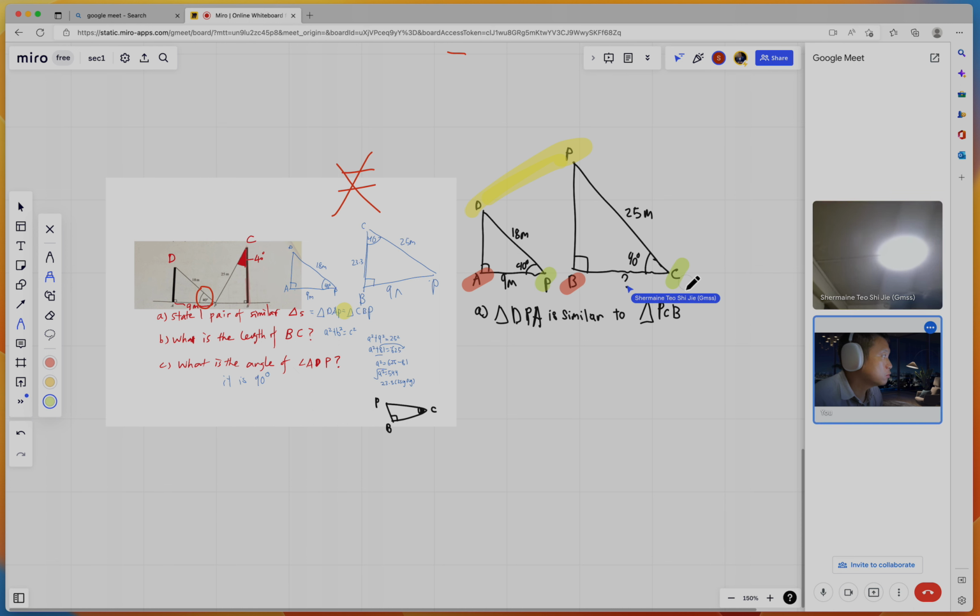Yes. So how? You need to use matching. Are you matching the side? You matched the angle already. Now you need to match the side.